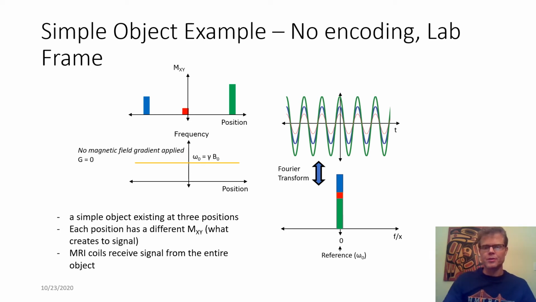So we're going to get a signal that is a mixture of these three positions, but in the case of no encoding, they're all going to be resonating at omega naught here, the same frequency.